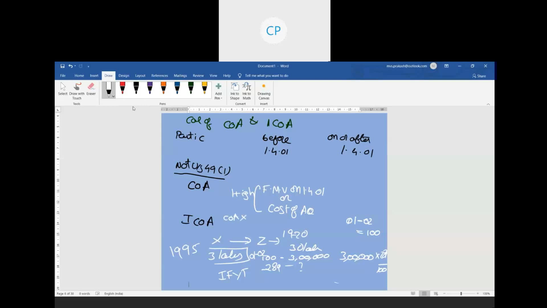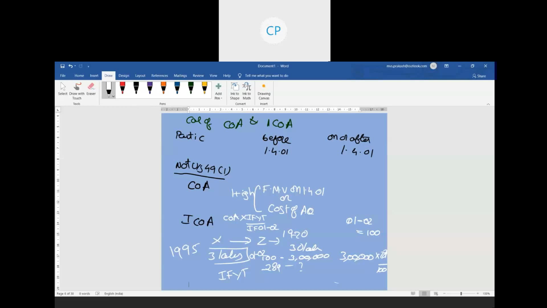Indexed cost of acquisition equals cost of acquisition into index value for the year of transfer divided by index value for 2001-2002. That is the formula to consider if the asset was acquired before 1st April 2001 and not in a mode mentioned under section 49 subsection 1. This is the base to calculate. I hope this example is clear.